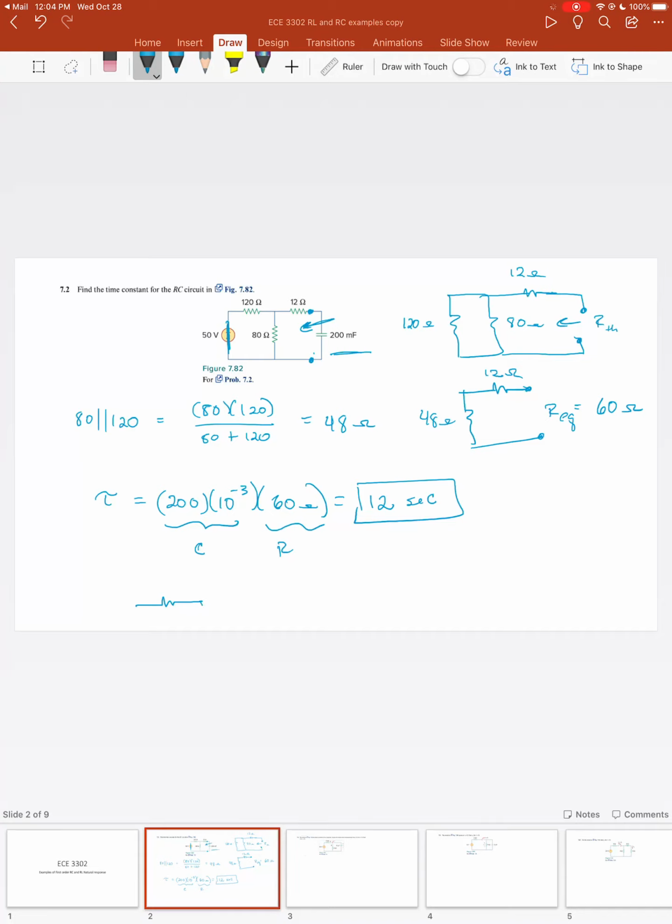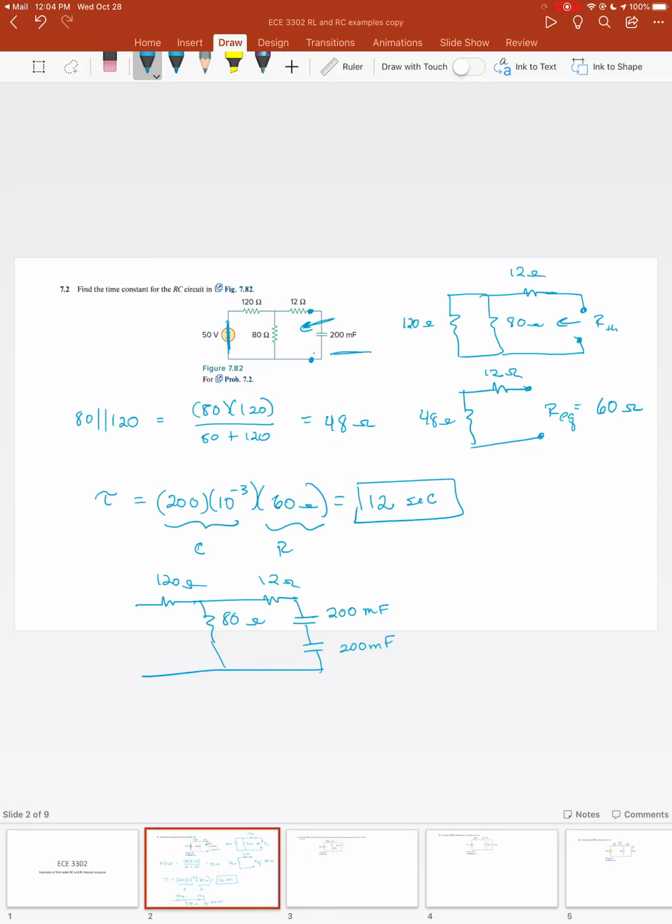Now, I just want to briefly look at what would have happened had we had a slightly different situation. Let's suppose instead of a single capacitor, we had two capacitors in series, and we'll say they're both 200 millifarads.